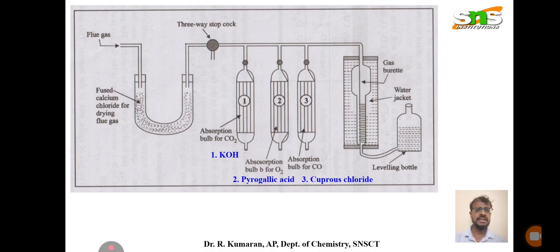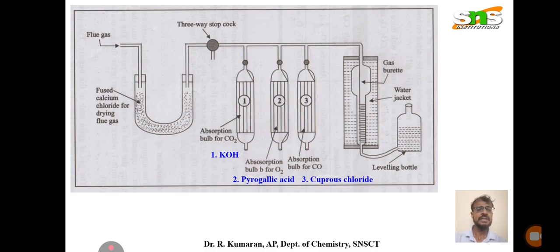Initially it is allowed to react with KOH, which absorbs the carbon dioxide. After that, it is passed through the vent to the gas burette, which has water, and we test how much volume it has through the burette readings.